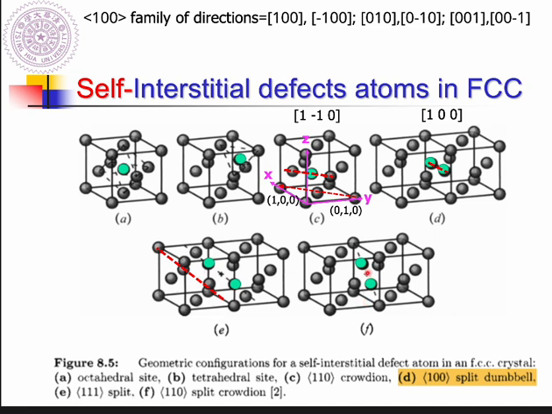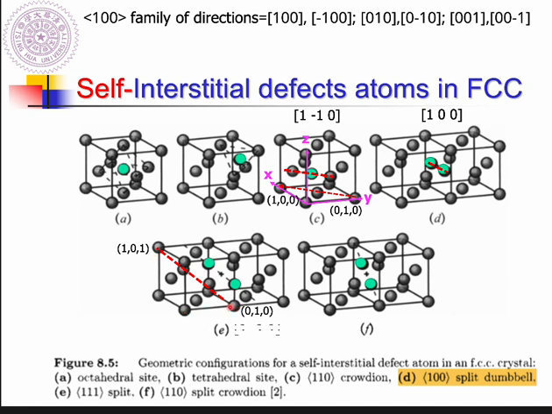Also, two atoms share one lattice point, and this is in between two atoms. Sorry, okay, so for this one I just highlight the location of these atoms, 1, 0, 1, and this would be 0, 1, 0.